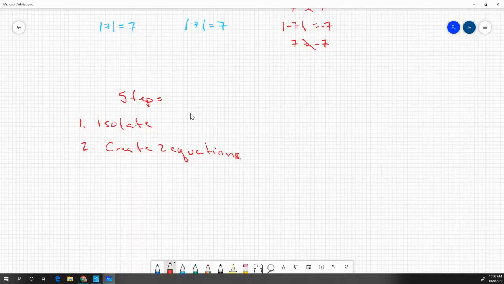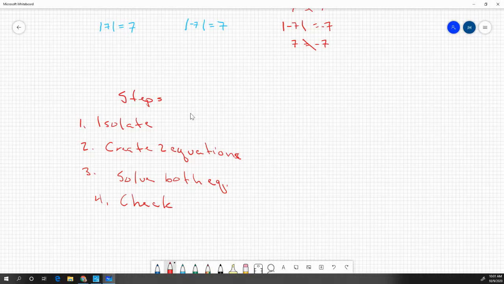But again, they're in depth in the other video. 3, solve both equations. And then the last one is check for extraneous solutions. An extraneous solution is a solution that does not work when you put it back into the original problem. And sometimes that will happen.